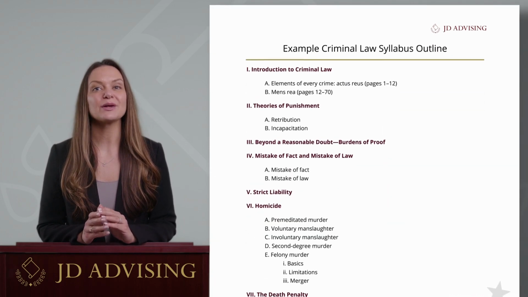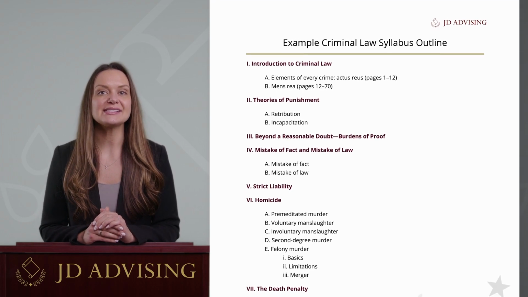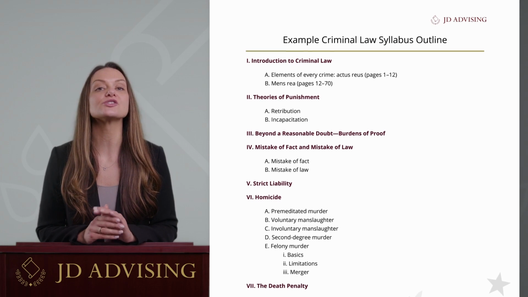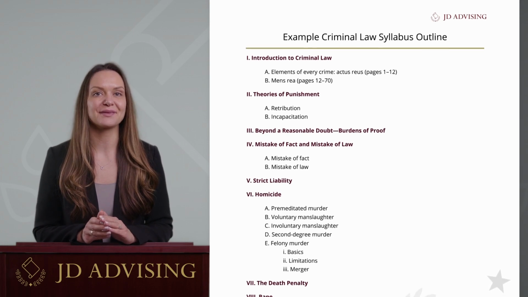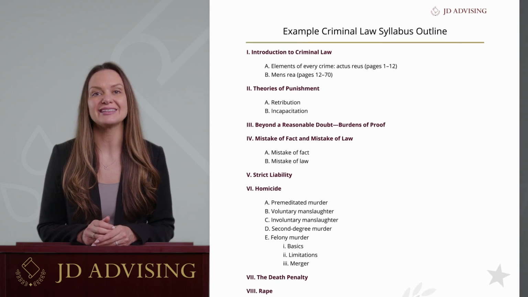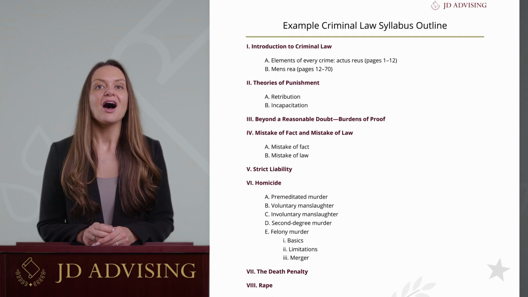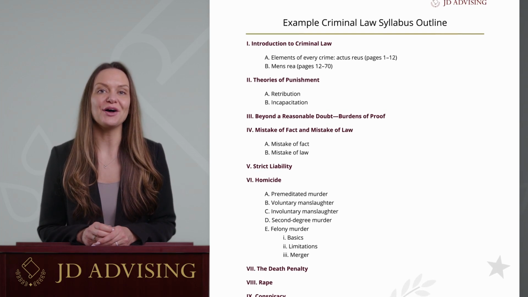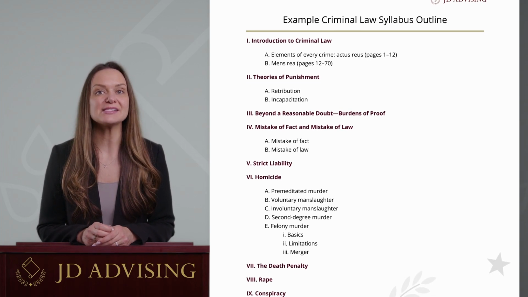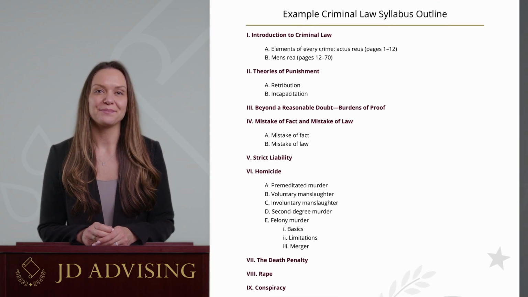The first step requires using your syllabus. The point of using your syllabus is that it helps you put together the overall structure of your outline. Looking at your syllabus, you can see that the first main topic covered in class is Introduction to Criminal Law. Under the Introduction to Criminal Law, there is a discussion of the elements of every crime, the actus reus and the mens rea.